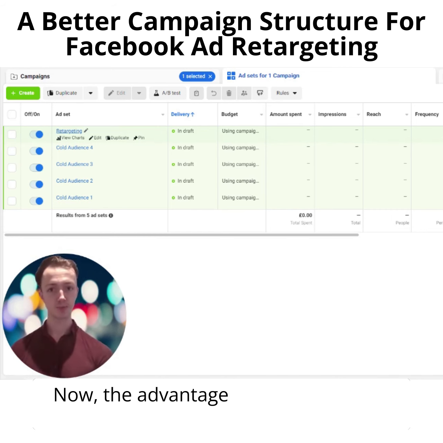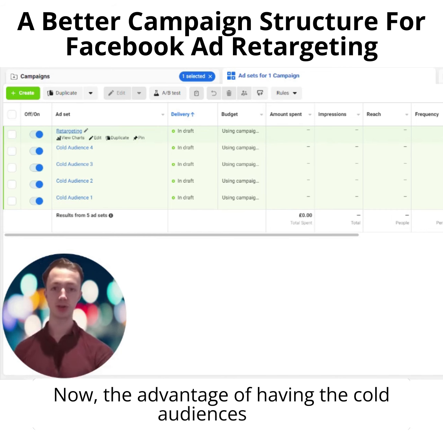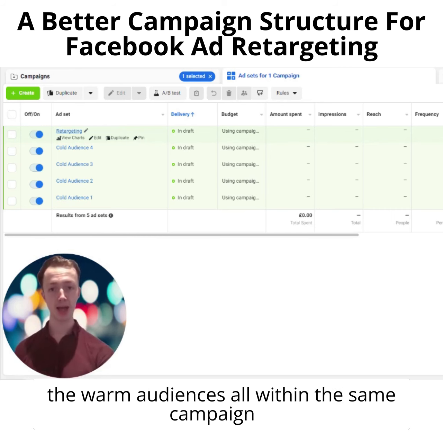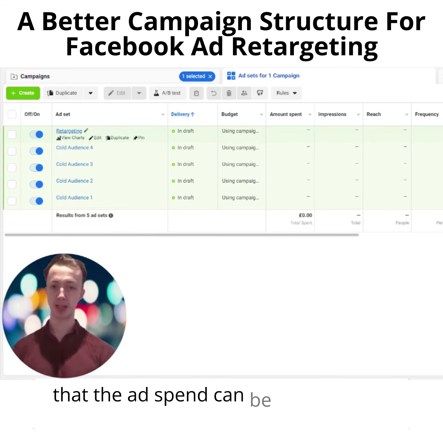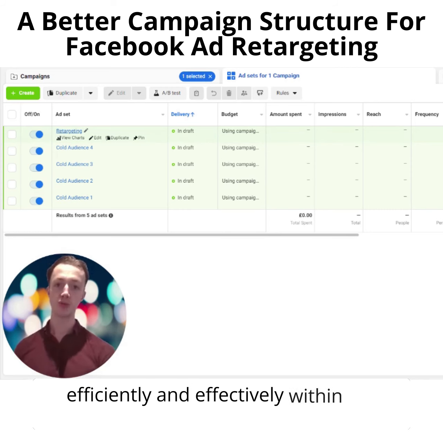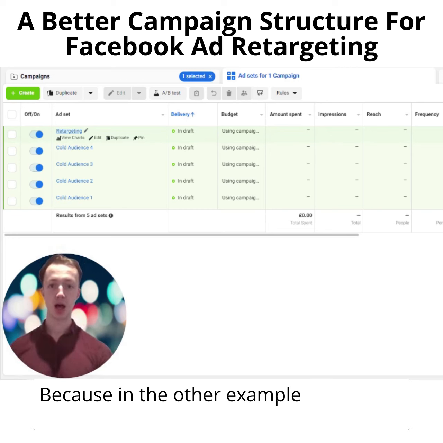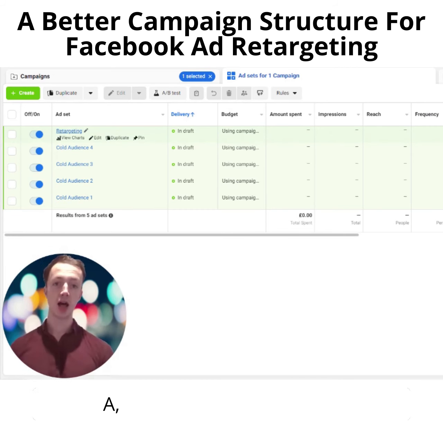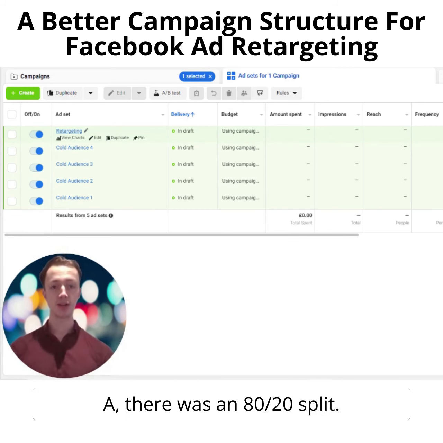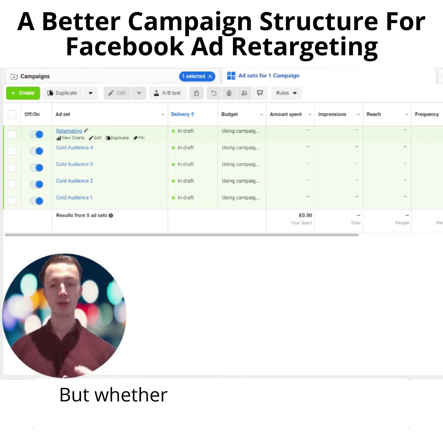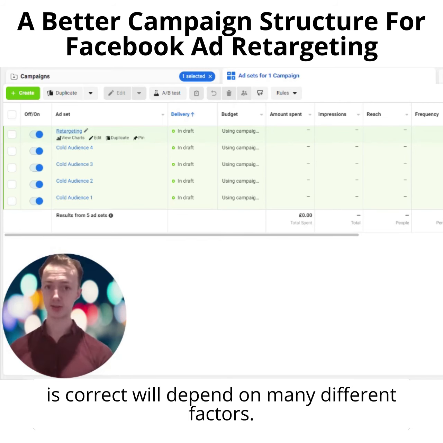Now, the advantage of having the cold audiences and the warm audiences all within the same campaign is that the ad spend can be allocated the most efficiently and effectively within the campaign, because in the other example, retargeting method A, there was an 80-20 split, but whether that 80-20 split and that ratio is correct will depend on many different factors.